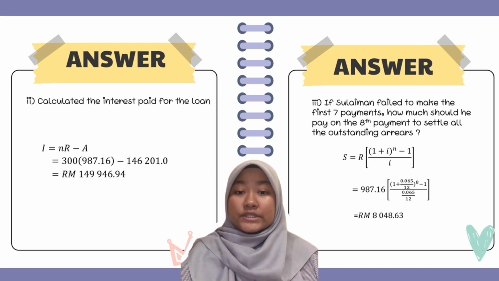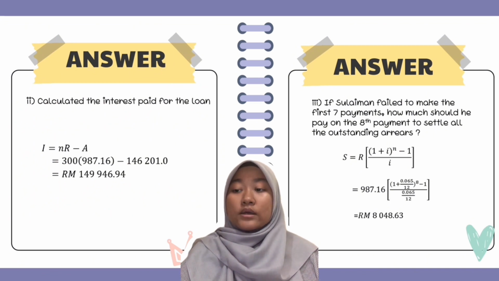The formula for this question is S equal to R in bracket (1 plus i) to the power of n minus 1 divided by i in bracket. 987.16 in bracket (1 plus 0.065 divided by 12) to the power of 8 minus 1 divided by 0.065 divided by 12 in bracket. The final answer for this question is RM 8,048.63.